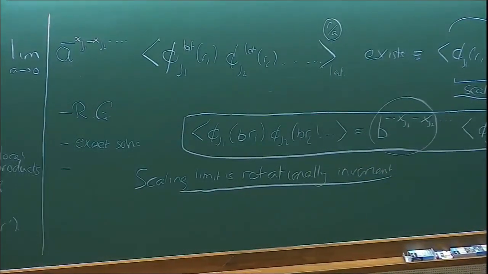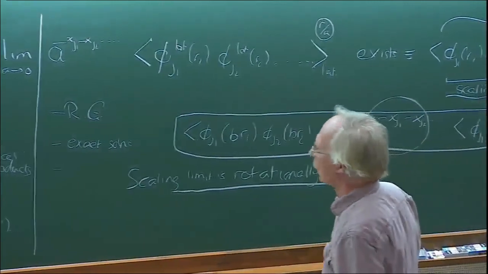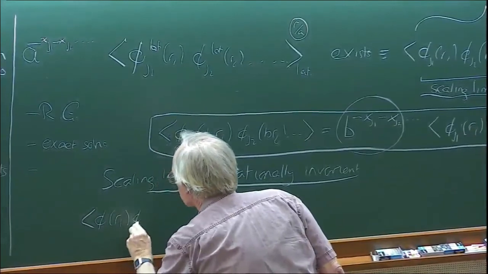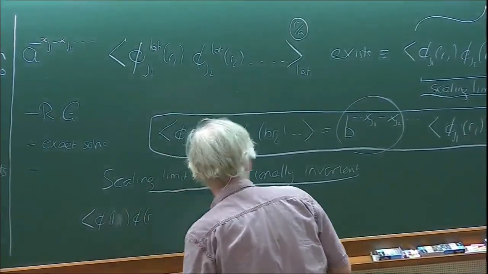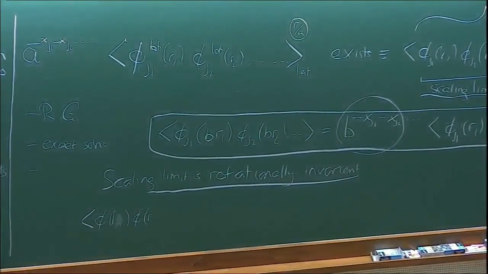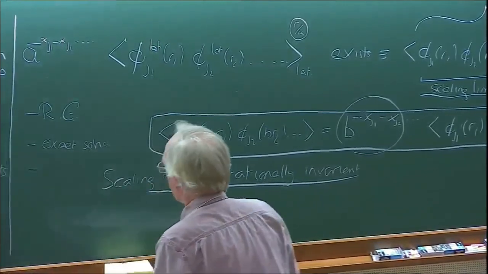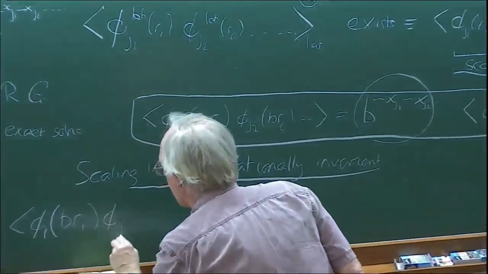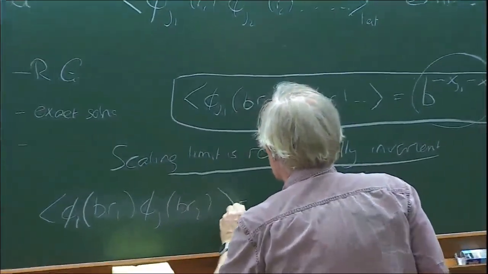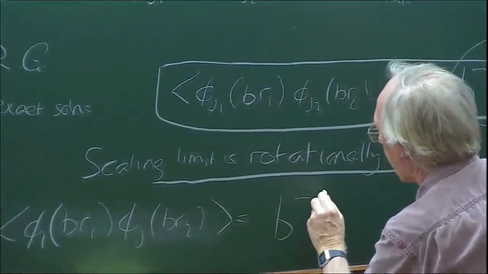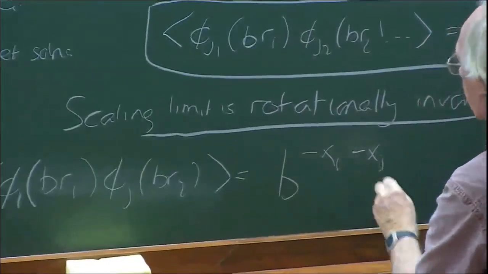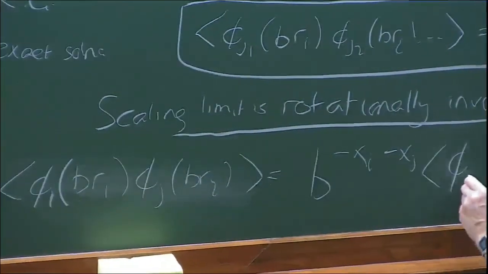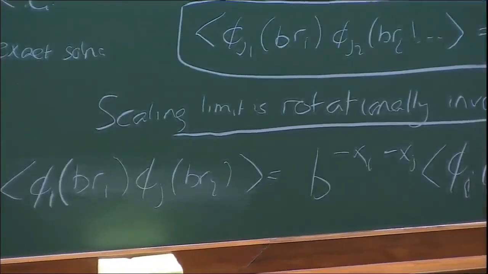One consequence of this is that if we go back to the two-point function, phi of R1, phi of R2, but now in the scaling limit, then we have that phi I of B R1, phi J of B R2 is equal to B to the minus xi minus xj times the correlation function of phi I of R1, phi j of R2.